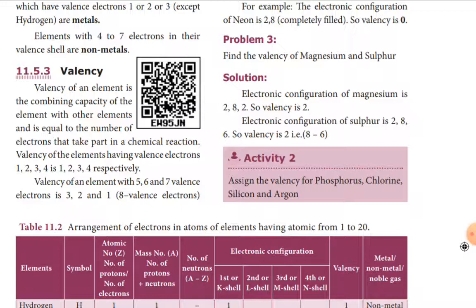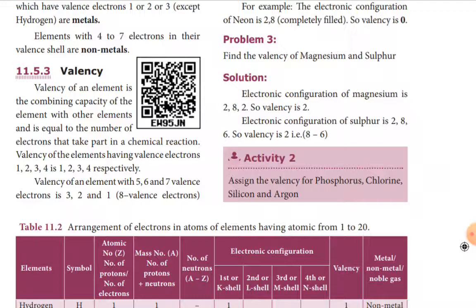Next see chlorine. What is the symbol of chlorine? Cl, C capital, l small letter, and its atomic number is 17. That means number of protons 17, number of electrons 17. So you have to distribute these 17 electrons in different shells using the formula 2n squared. The first shell can have 2, the second shell can have a maximum of 8, and the remaining 7 electrons are in the third shell, the M shell.